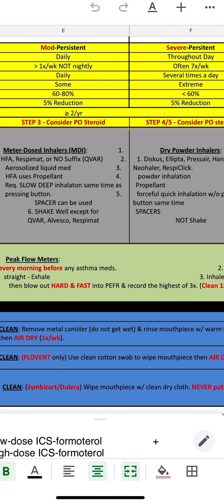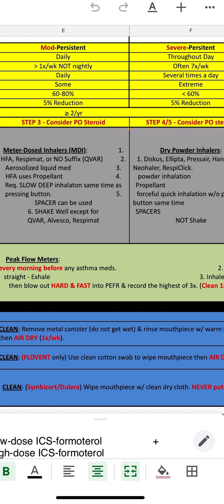Metered-dose inhalers are HFA, Respimat, aerosolized liquid medication, HFA uses propellant, slow deep inhalation at the same time as pressing the button.